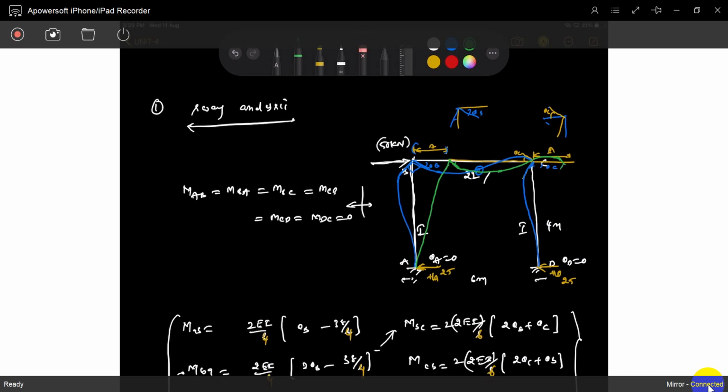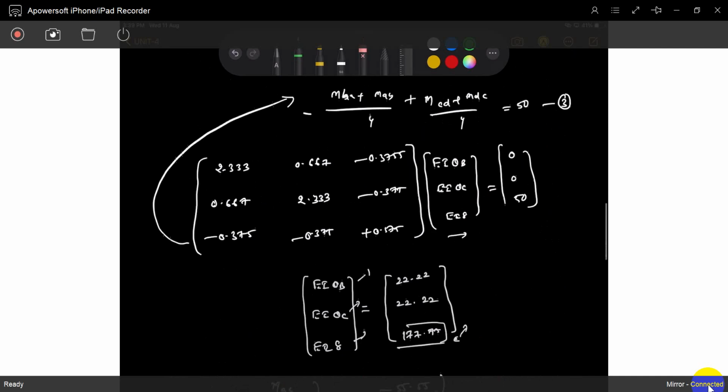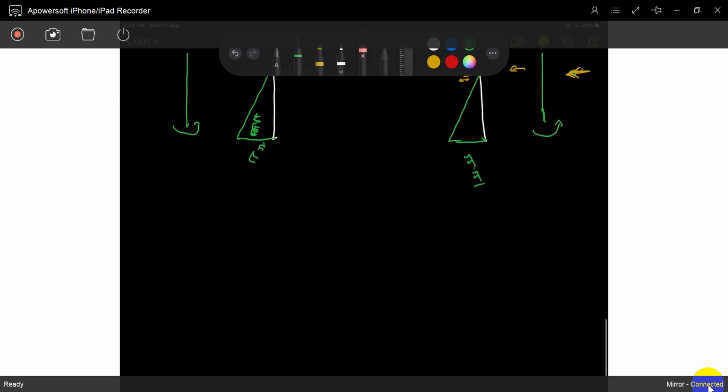That is a good idea, because we have to mention the delta also. Okay, this delta also. That is a good idea. Sir, understood? Which direction will it rotate? It's the elastic curve. Got the idea? That's it. That is the elastic curve.